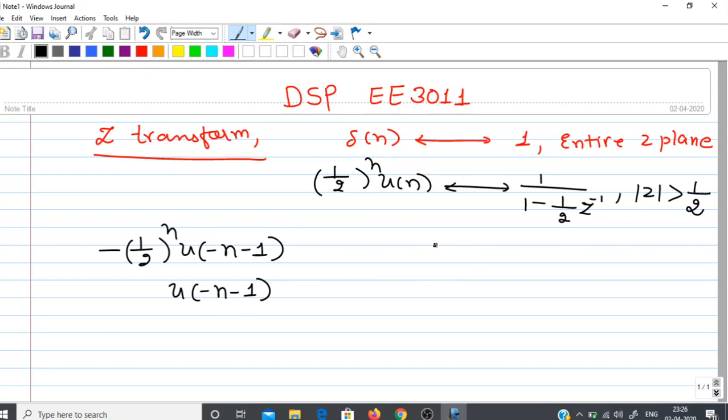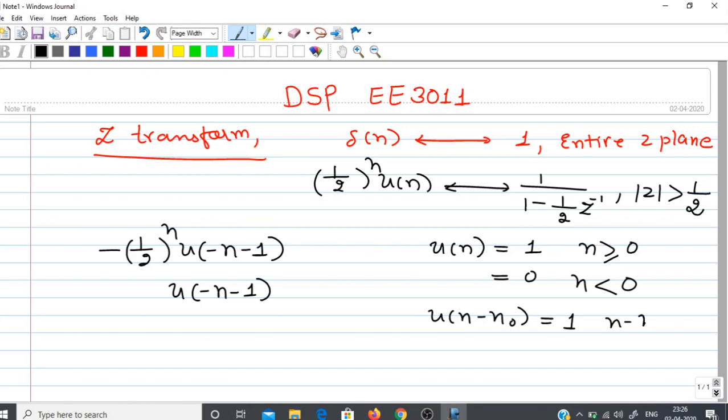If you remember, in my previous video I defined the unit step sequence, which is 1 for n greater than or equal to 0 and 0 for n less than 0. In general, it can be defined as u[n-n0], which is 1 for n-n0 greater than or equal to 0, and 0 for n-n0 less than 0.